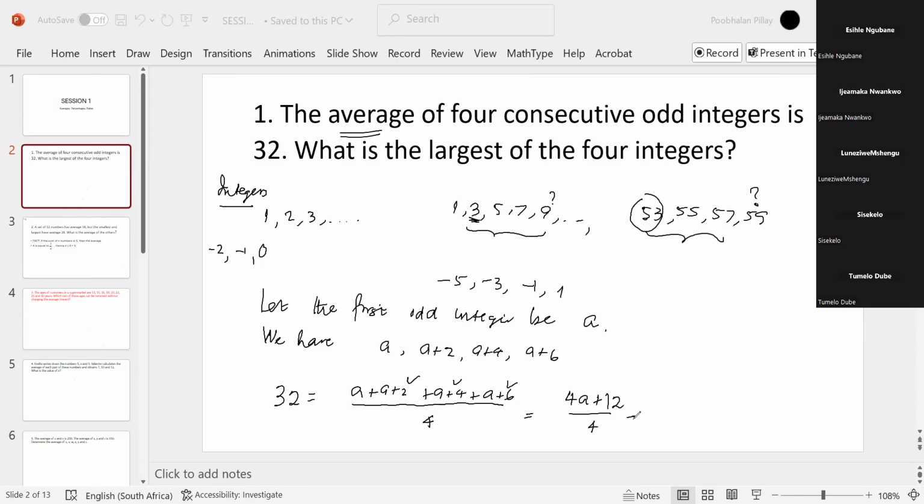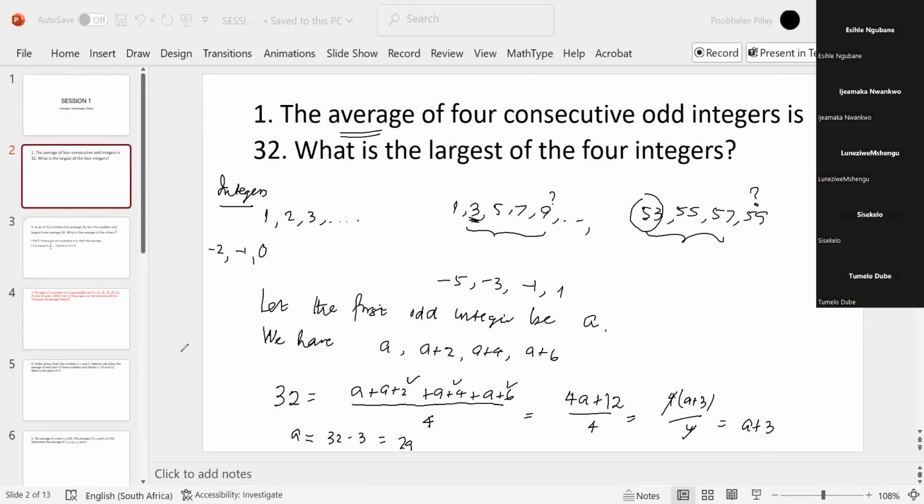And that can be immediately seen as 4 times A plus 3, divided by 4. You can cancel that with A plus 3. So now you got 32 is equal to A plus 3. So you can solve for A. And you see that A is 32 minus 3, which is 29. So the first of these four integers is 29.